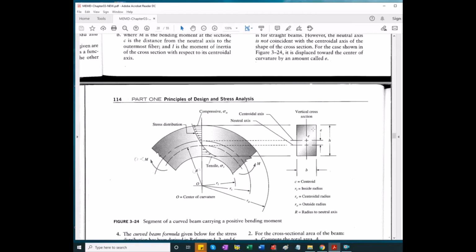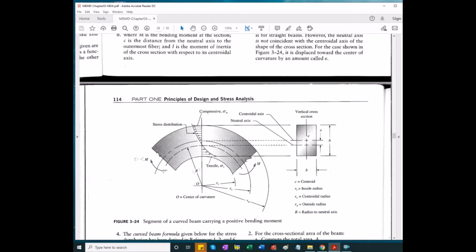The cross section is rectangular for this case. The neutral axis is a geometric axis. The centroidal axis is the geometric center, but the axis of zero stress caused by bending will be offset to the inside of the curvature of the curved beam.